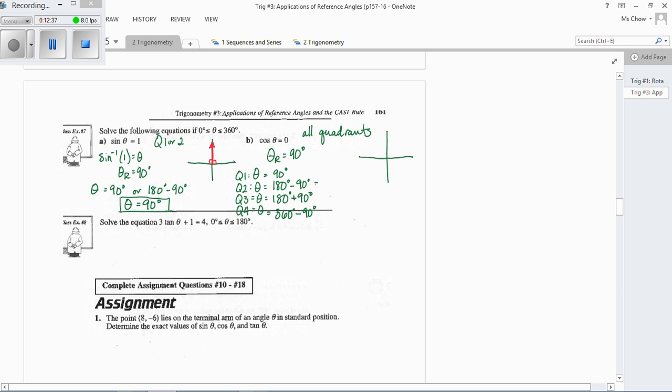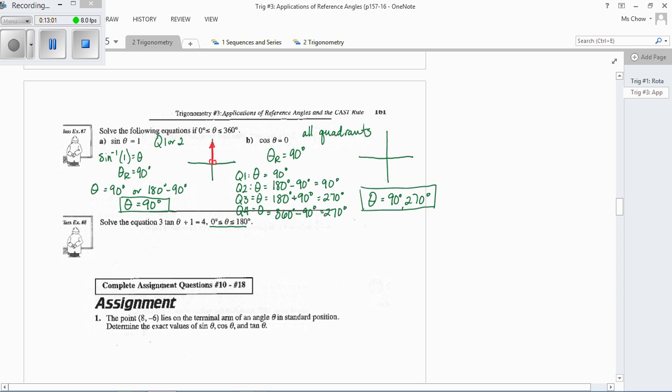So if we figure these out, quadrant 2 is 90 degrees, quadrant 3 is 270 degrees, quadrant 4, 270 degrees. So you can see that there's a repeating happening, and so theta is either 90 degrees or 270 degrees. Those satisfy that equation. So same thing goes for class example 8.